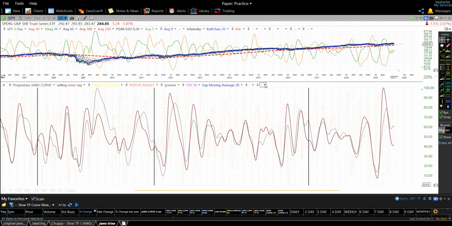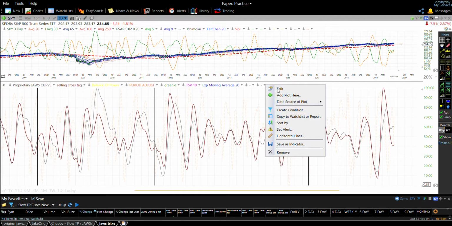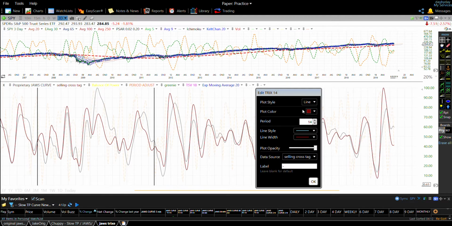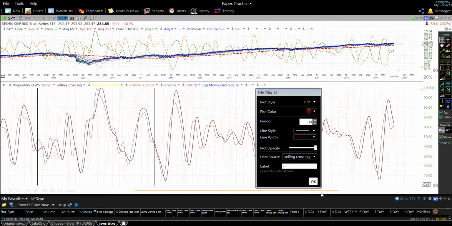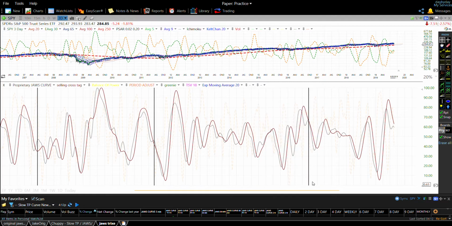So I'm going to do that with my smoothing indicators. And now let's have another look at things with more smoothness.